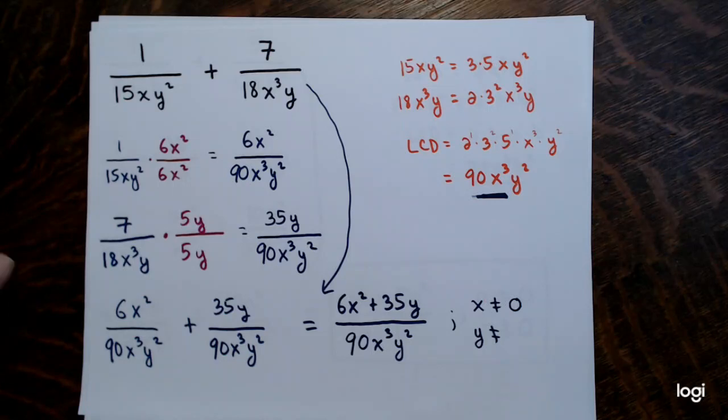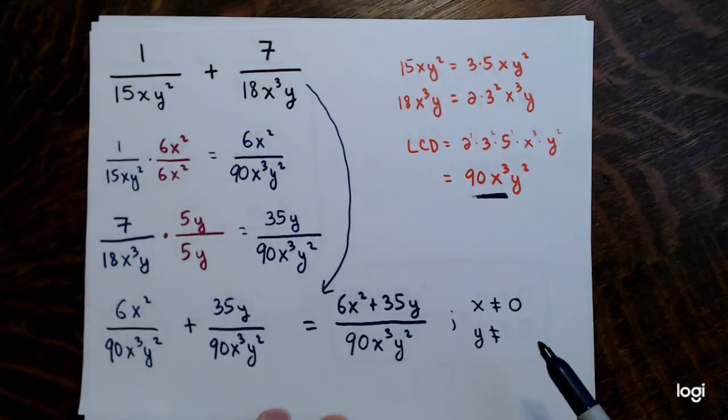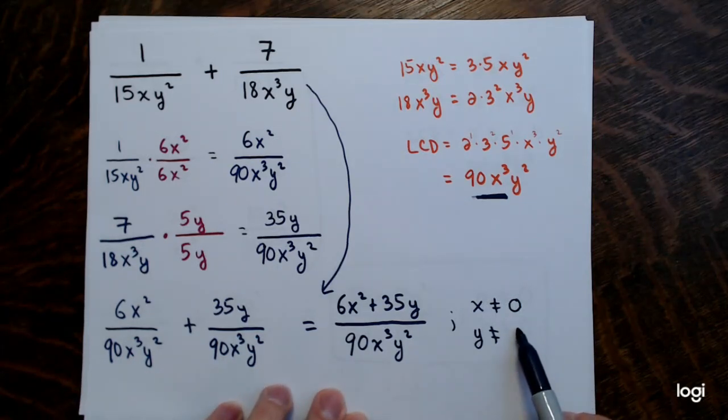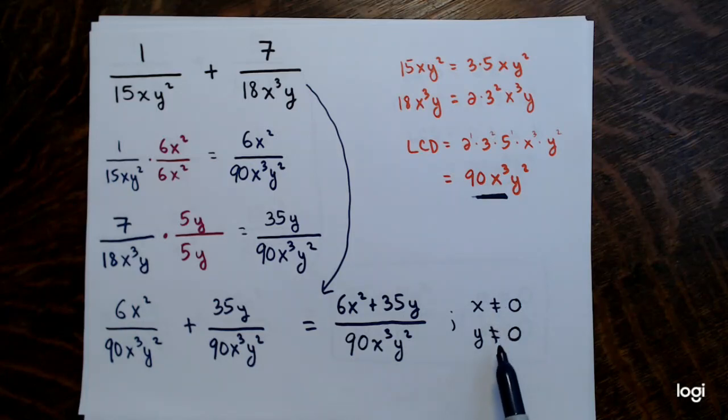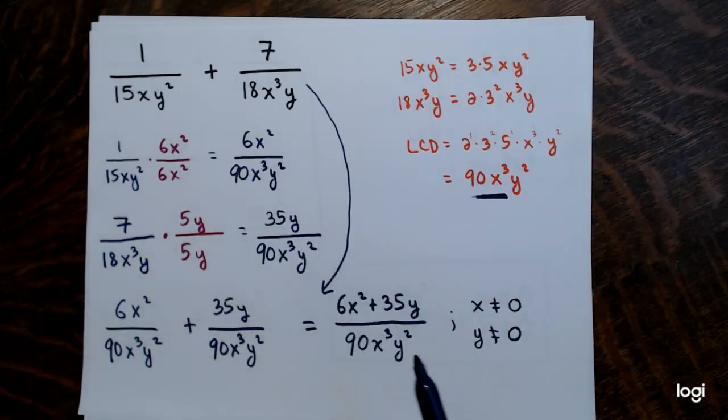That's no good. Same thing for the y's. I see factors of y in my denominators throughout this process, and the denominator can never be 0, so y can't be 0 either. So as long as the values I replace x and y with are not 0, this fraction plus this fraction will indeed have the same value as this fraction here.